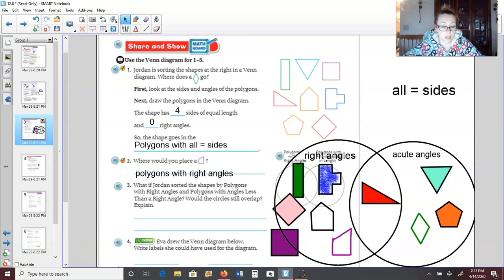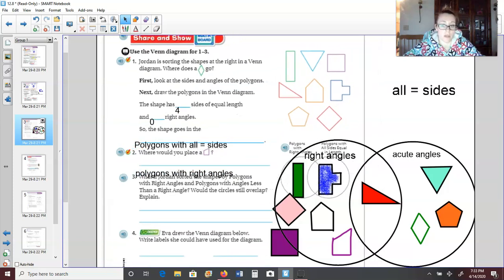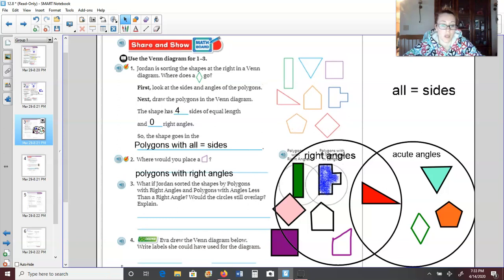The pentagon here has right angles, and then it has obtuse angles. But this trapezoid, this purple trapezoid, would go in the middle because it does have right angles, but it also has that acute angle in the top corner. So even though some of the shapes would change where they are positioned, we would still have the overlapping section in the middle.